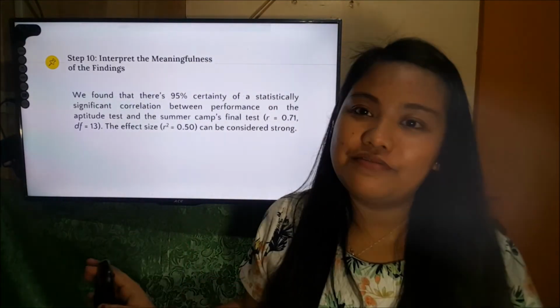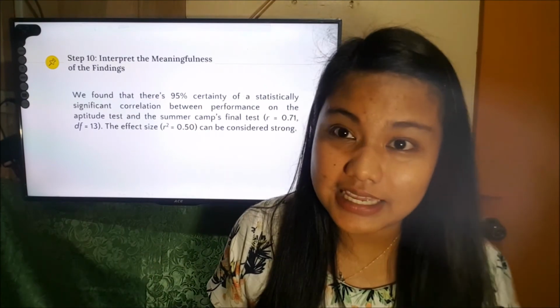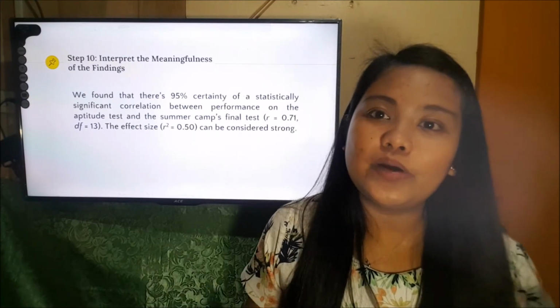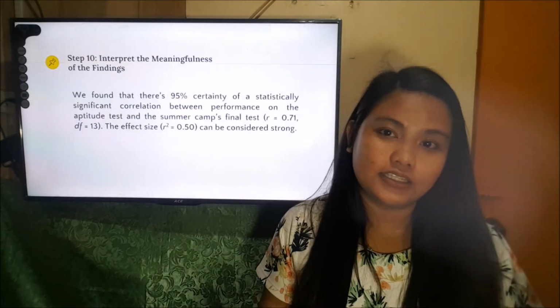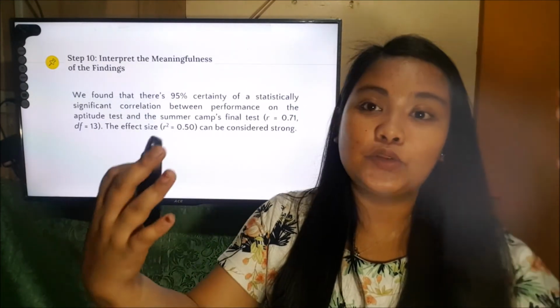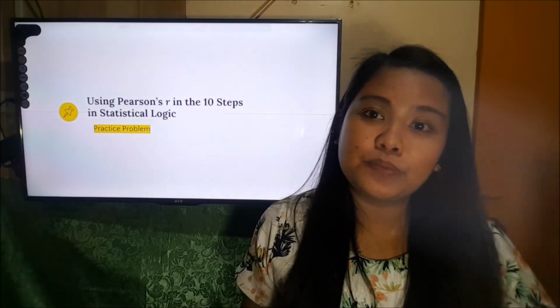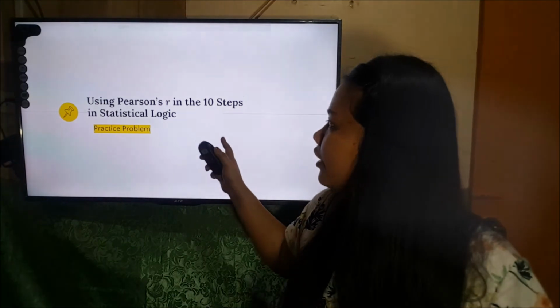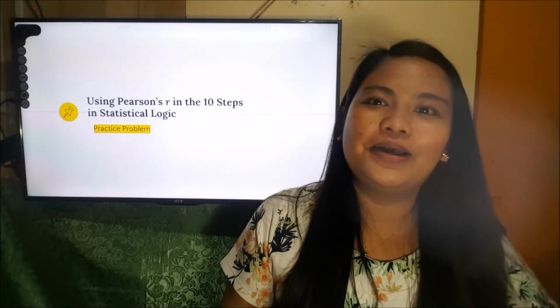So there you have it, the 10 steps in statistical logic. I hope everything is clear. Again, we use Pearson's R if you want to know the correlation, the strength of the relationship between two variables, okay? Now for another practice problem in using Pearson's R in the 10 steps in statistical logic, we have Marge.